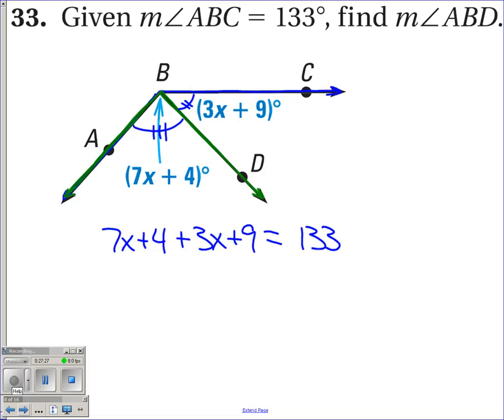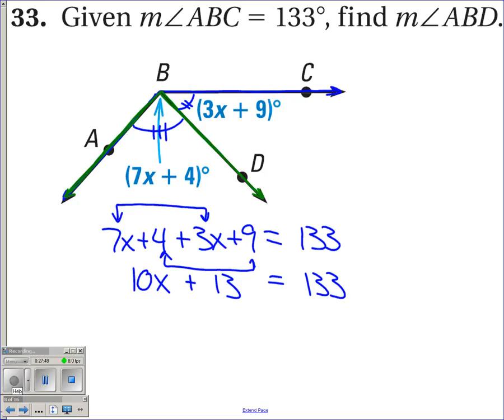Now once we have this, again, we go back to the algebra. Combine the like terms. We have x's here, 7x and 3x. That's 10x. We have numbers that we can combine. The 4 and the 9, those add up to 13, and this is equal to 133.